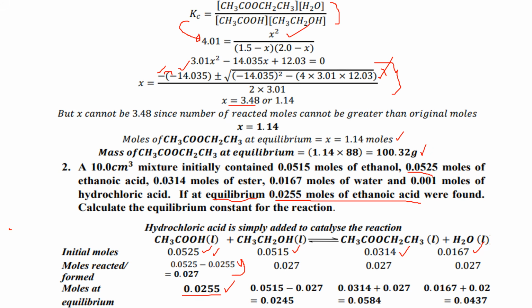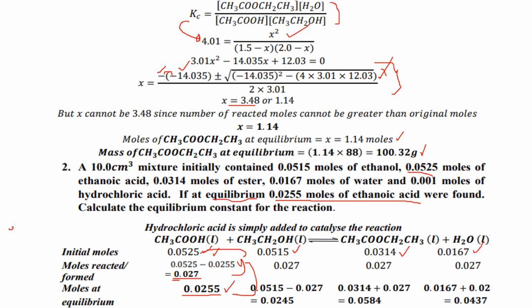If that is y, usually to get moles at equilibrium, for the product side we add. So you are going to add 0.0255 plus y to give you this. When you make y the subject, it's going to be equal to 0.0525 less 0.0255. I hope that is very simple to understand. And then this is going to give you 0.027.